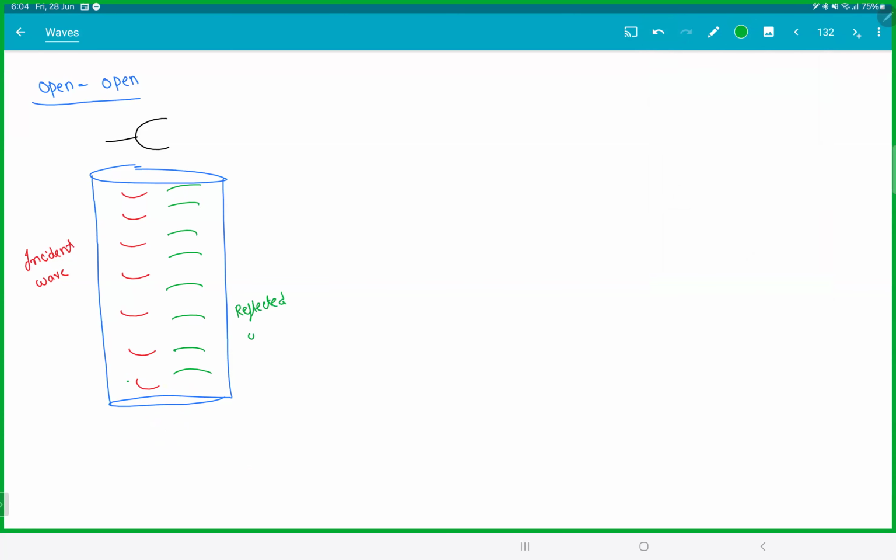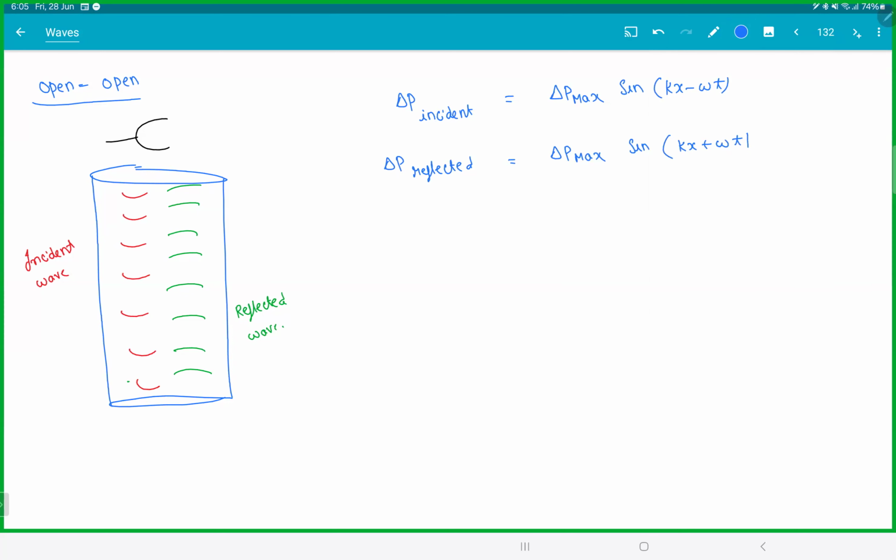So the same story as before. The incident wave and the reflected wave overlap, and at some points they cancel out, at some points they add up. If I write delta P incident as delta P max sin(kx minus omega t), delta P reflected will be delta P max sin(kx plus omega t).